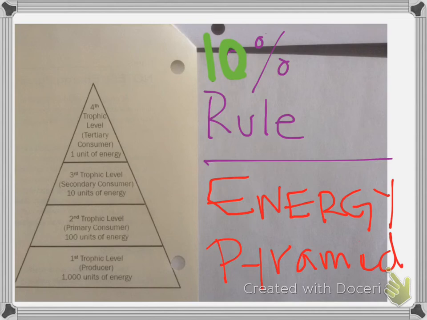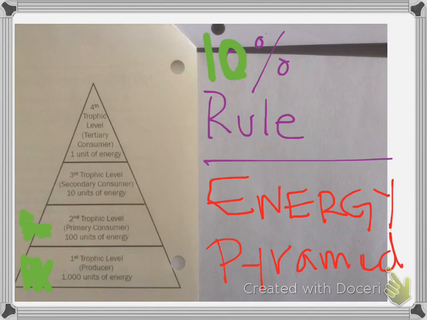So we've got at the bottom our first trophic level, which is our producer. So this might be our grasses if we go back to our original food chain that we looked at. And then we might have our next, which is going to be our second trophic level. Now each trophic level is just the next level up on the pyramid, which is going to be our primary consumer. So that could be our grasshopper.